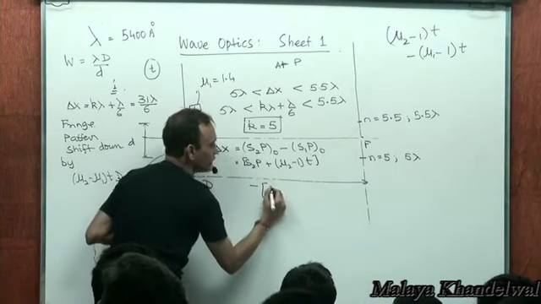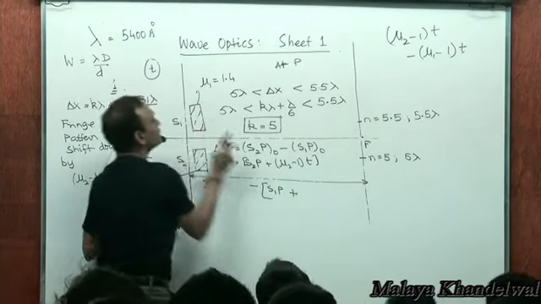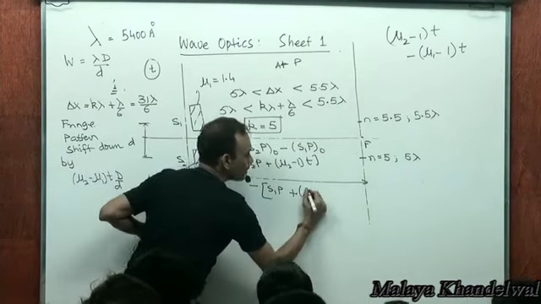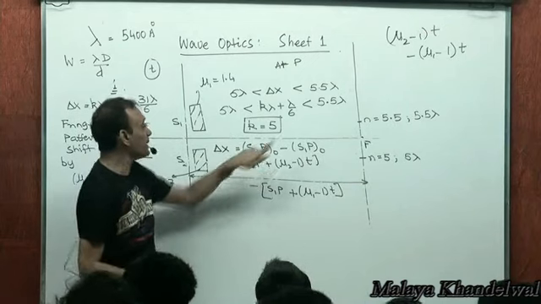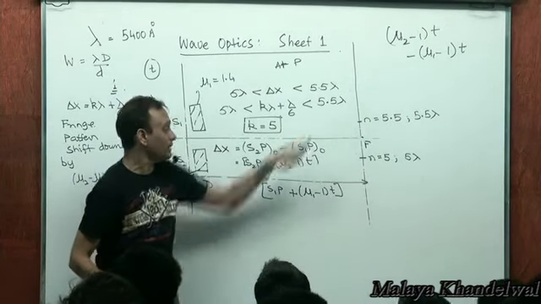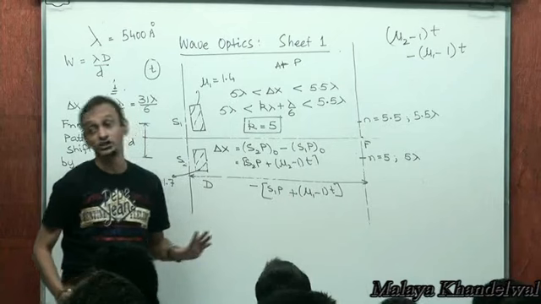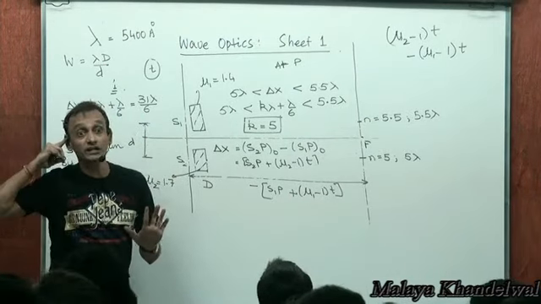S1P optical is S1P geometrical plus the additional path mu1 minus 1 into T. So the path difference at P is mu2 minus 1 into T minus mu1 minus 1 into T, the optical path difference at P.